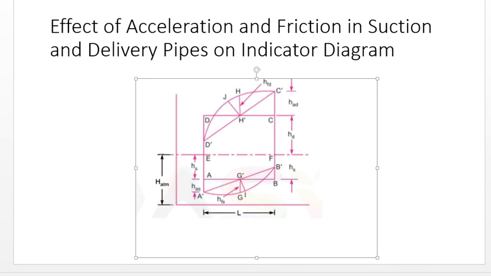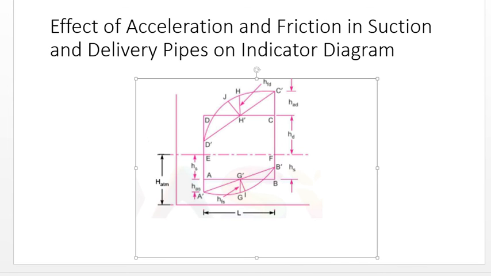The area of this rectangle will be the stroke length, that is L, into HS plus HD. We had discussed this previously, that under the effect of acceleration, the area of the indicator diagram will remain the same as it was under ideal condition.